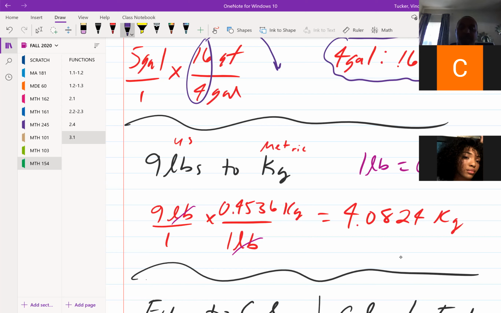Pounds in top, so pounds need to be down bottom. My pounds cancel. Then I do 9 times 0.4536, and that will be 4.0824. They tell you to round to 2 decimal places, so it would have been 4.08.